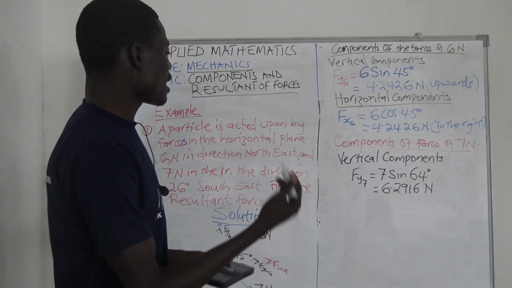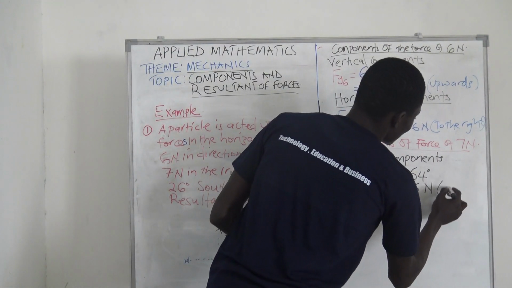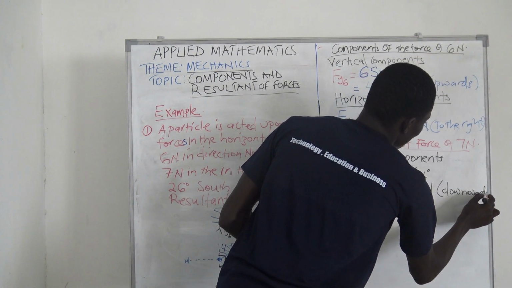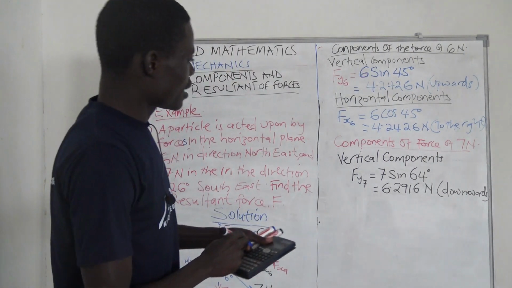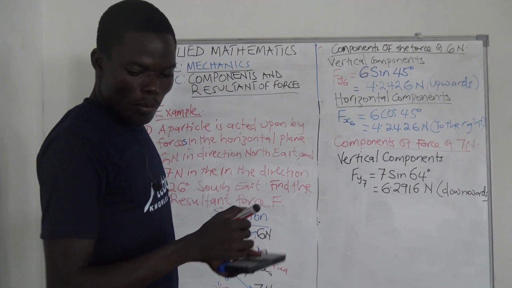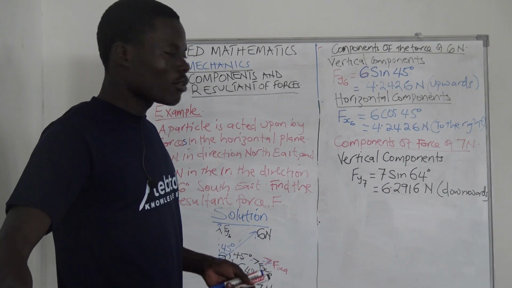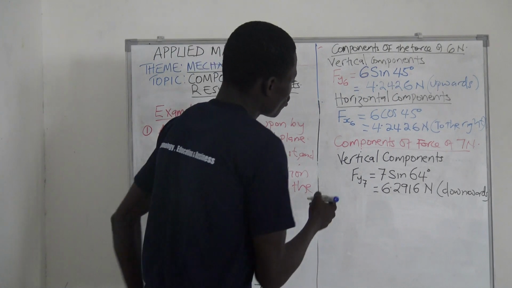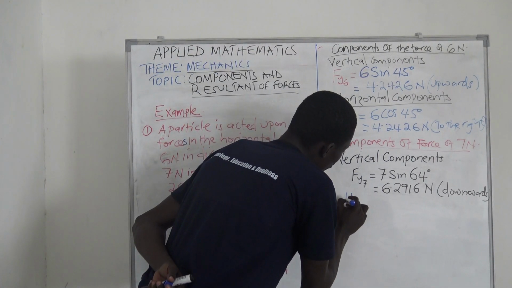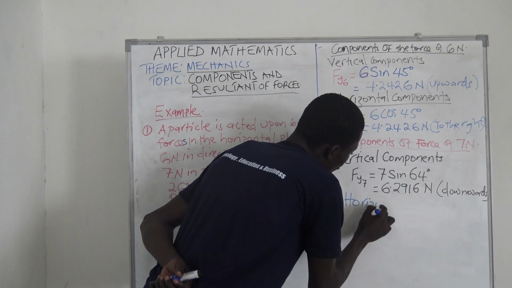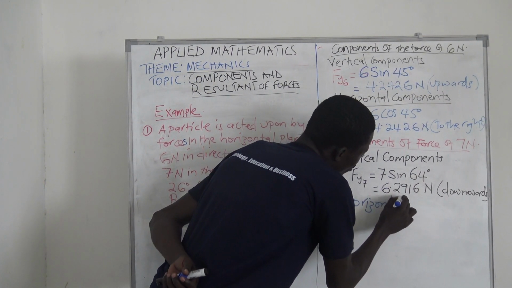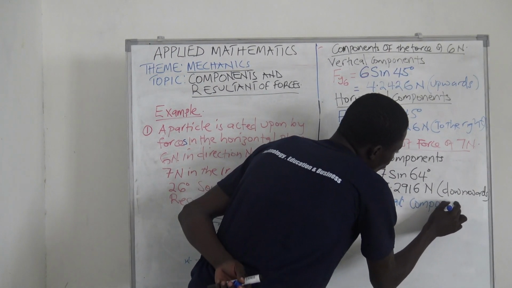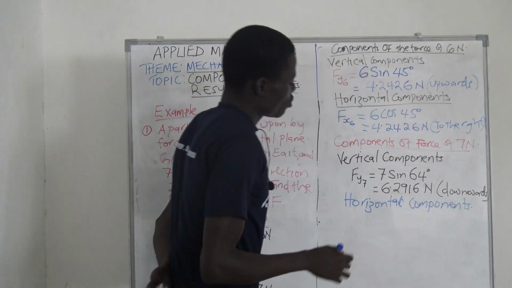But where is this force acting? It is acting downwards. So after looking at the vertical component, you come and look at the horizontal component of the 7 Newton force.